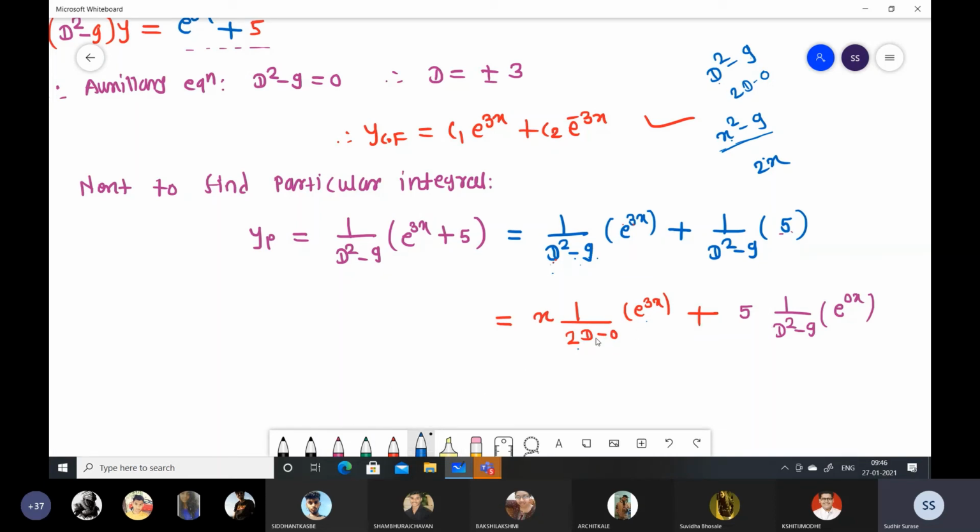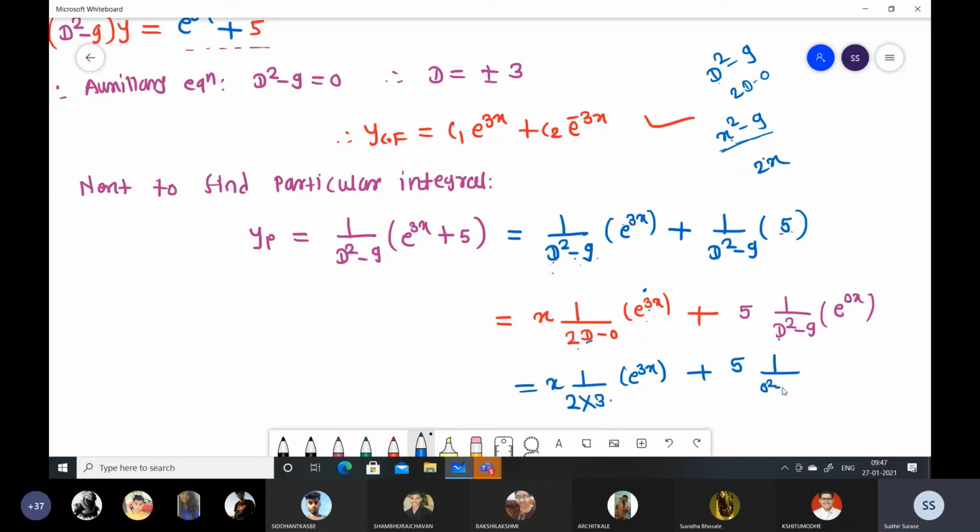Now we can replace the values of d here and here as well, right? Now just replace, x is outside and 1 upon 2 into this time we can put the value of d as 3. So 3 minus 0, no need to write that 0. And this term as it is, e to the power 3x. And plus 5, and here we can replace the value of d by 0.